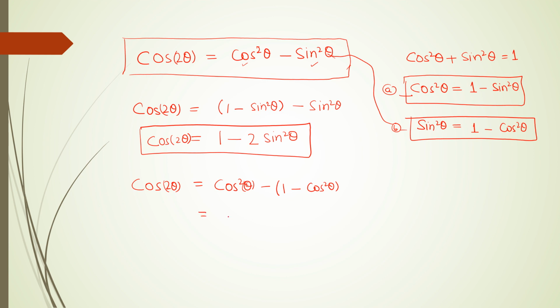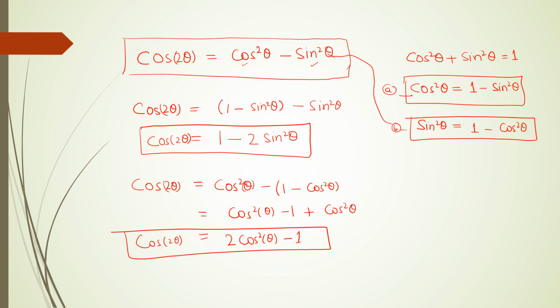Then it would be equals to cos square theta minus 1, minus minus, that would be plus cos square theta. Then it would be equals to cos square theta plus cos square theta, so 2 cos square theta minus 1. That would be equals to cos 2 theta.